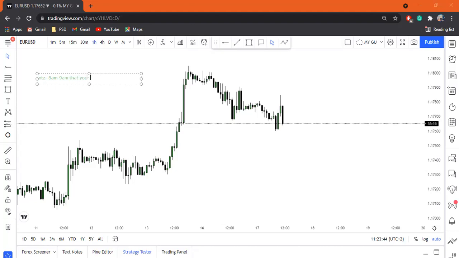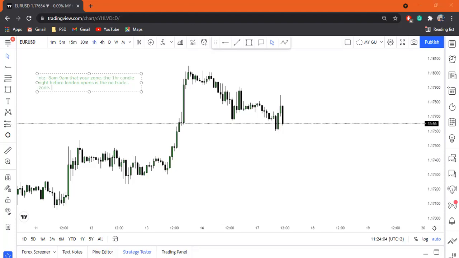For people who have a different time zone, you can say the 1 hour candle right before London opens is the no trade zone.